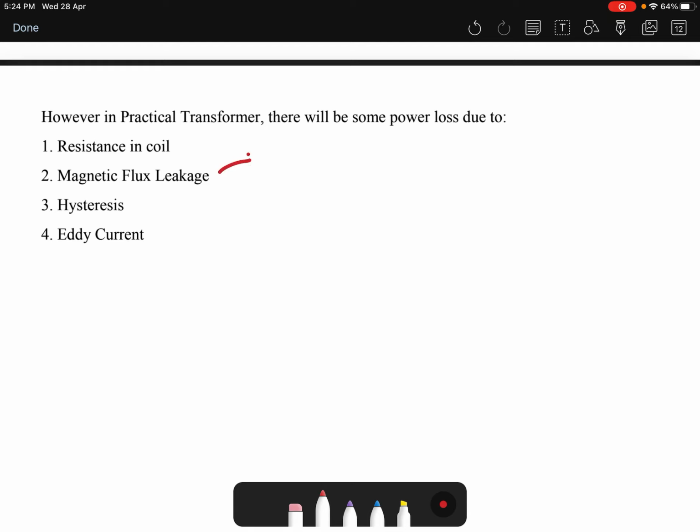This can be reduced by your soft iron core. The third will be hysteresis. Hysteresis basically means that because my soft iron is a so-called magnetic material, when I switch on the current, this will cause the soft iron to become magnetic.